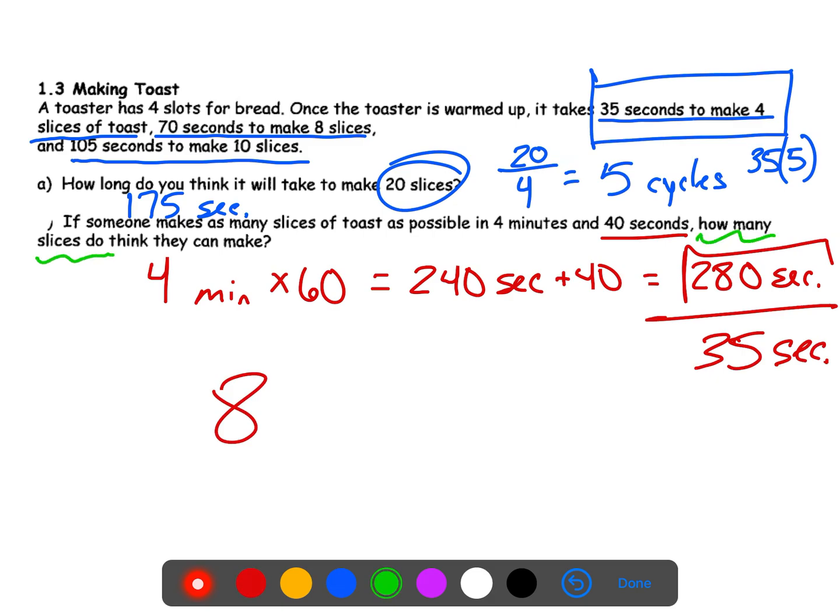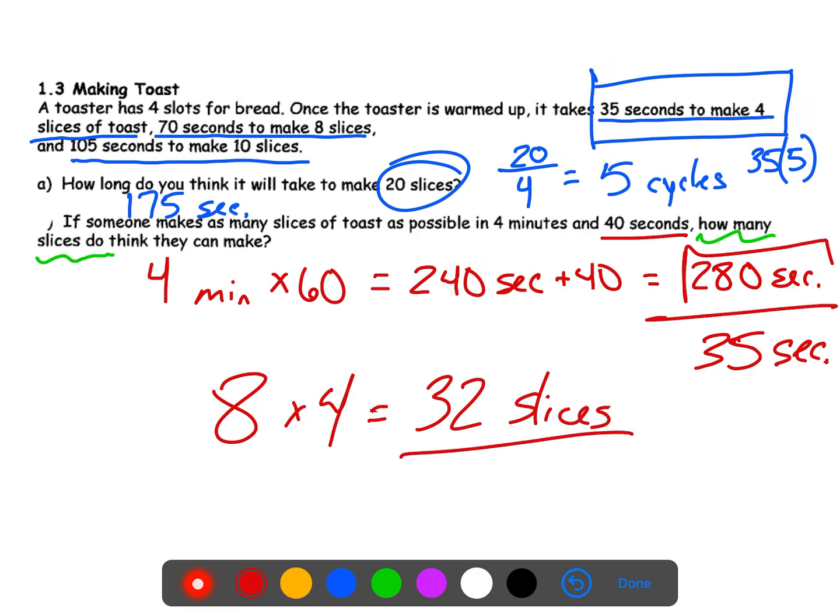How many slices do we think we can make? This was how many cycles the toaster can run. Now, if it's a 4-slot toaster, then in each of those cycles, we should be able to toast 4 slices of bread. So let's multiply that by 4, and I think we should be able to toast 32 slices in that time.